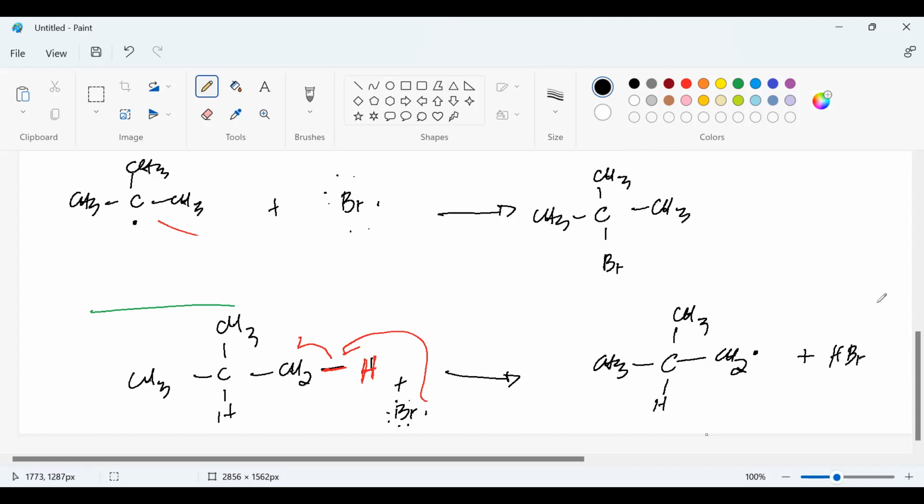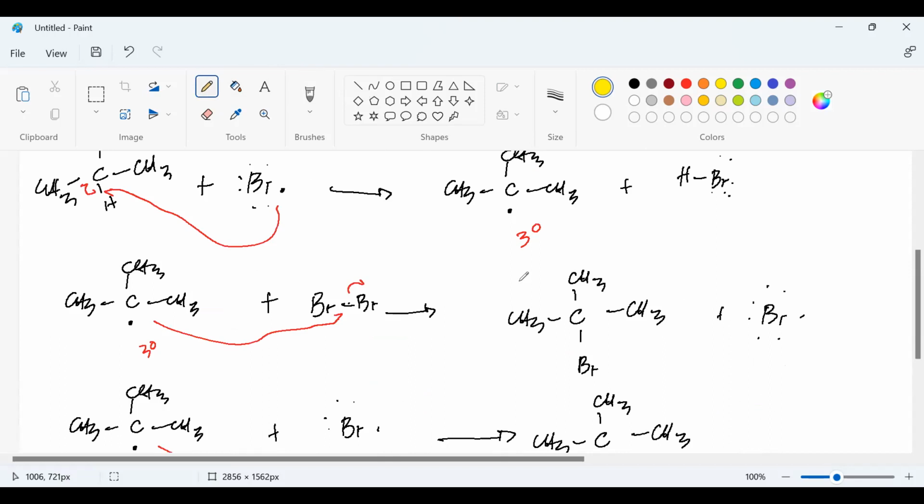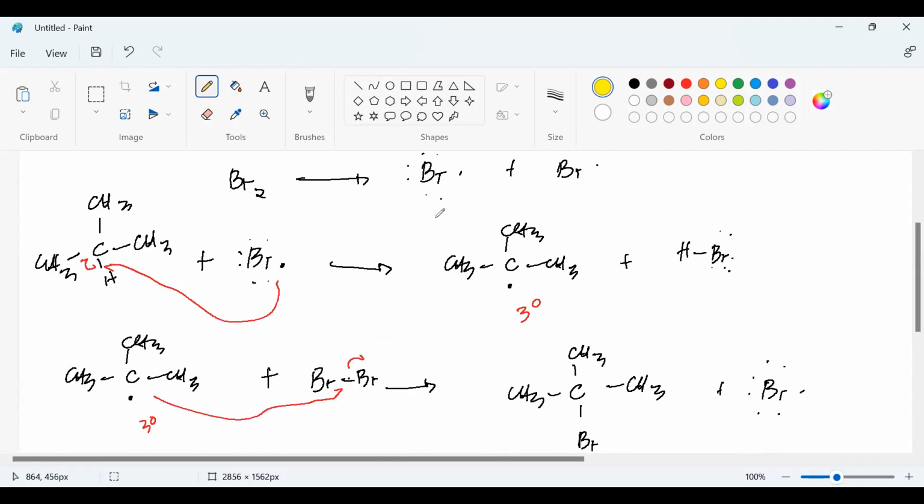So I would like to emphasize here that what you get here is a 1-degree radical. What you got earlier is actually a 3-degree radical.